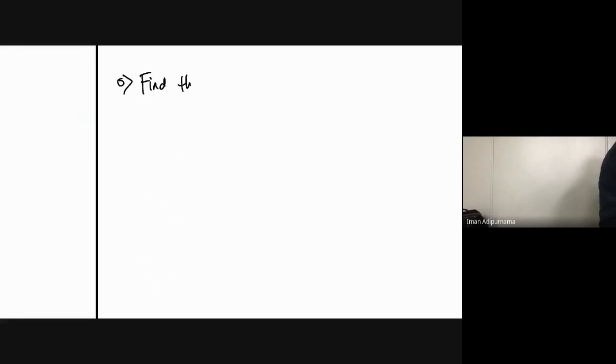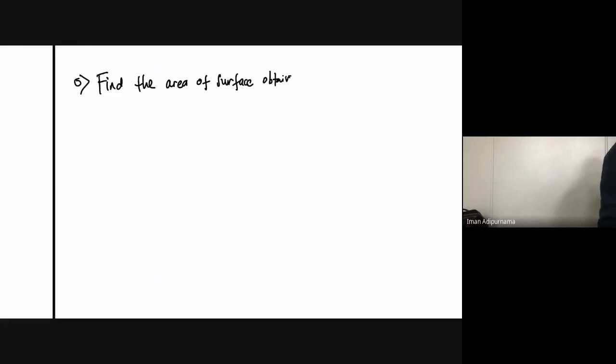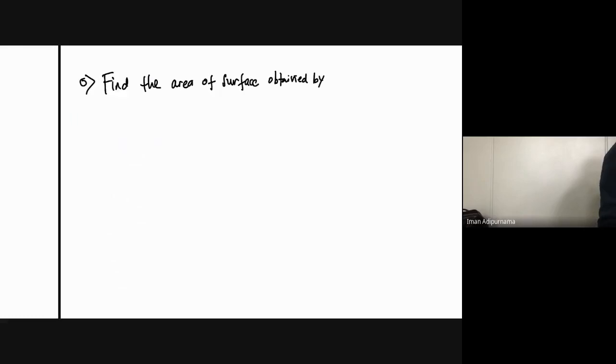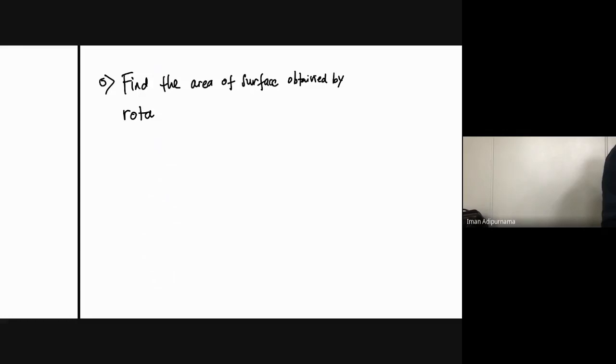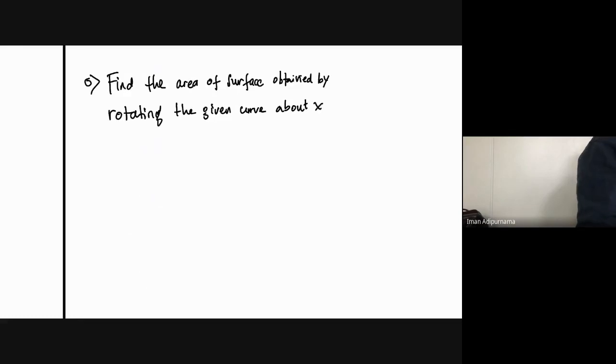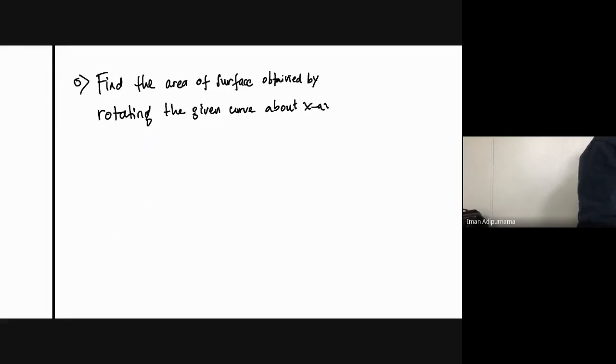Find the area of surface obtained by rotating the given curve about x-axis.